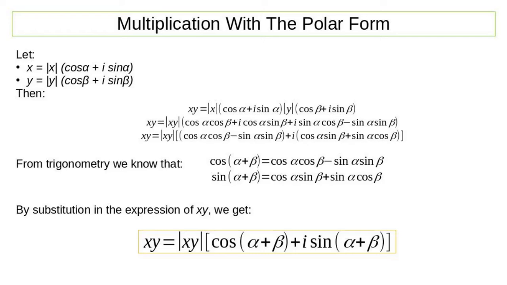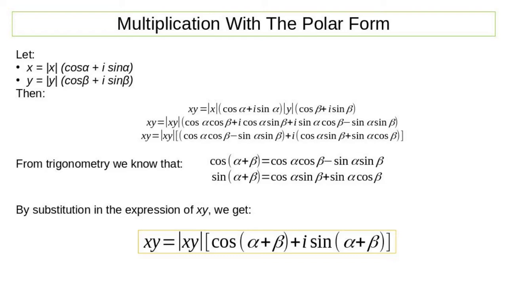By doing so, we will end up with an expression of xy equal to the absolute value of xy times cosine alpha cosine beta minus sine alpha sine beta, plus i times cosine alpha sine beta plus sine alpha cosine beta. We can simplify this expression by applying the addition rules we know from trigonometry.